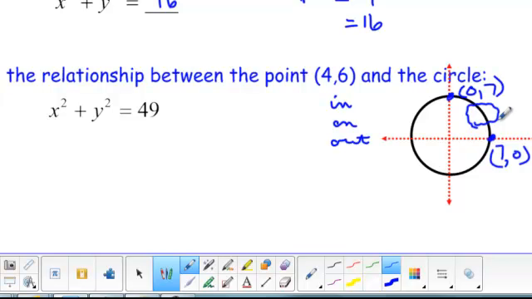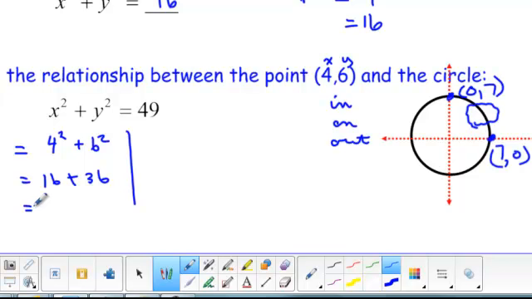So let's take a look at some algebra. The 4 is the x, and the 6 is the y, so let's put them into the equation and see what happens. We have 4 squared plus 6 squared on the left-hand side. That would be 16 plus 36, which gives us 52.